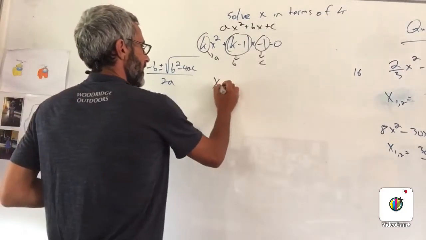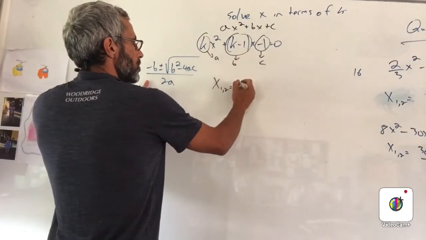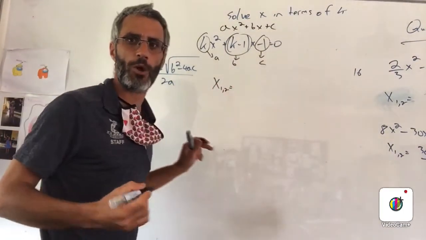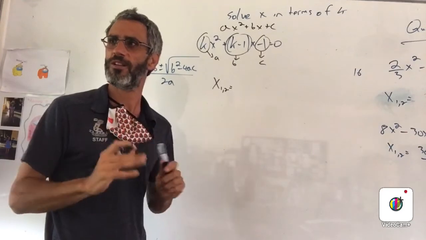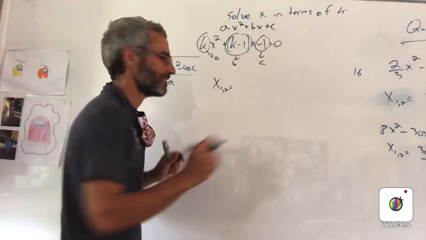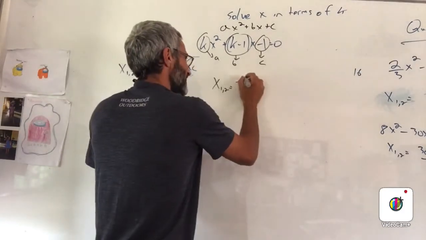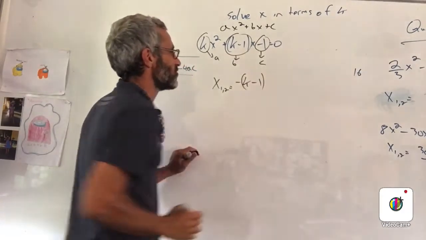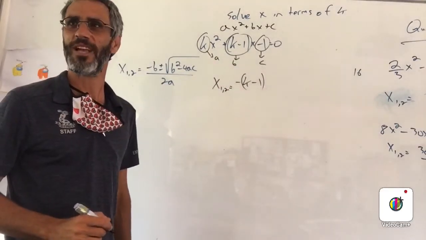So we're going to write x1,2 is equal to minus b. Maybe we can do it straight away. What is minus brackets k minus 1? Negative k plus 1, or 1 minus k. But let's do it in two steps: minus k minus 1, okay, negative k plus 1.